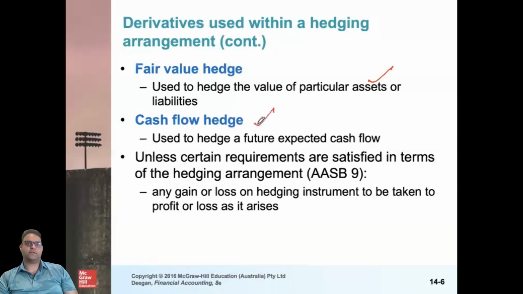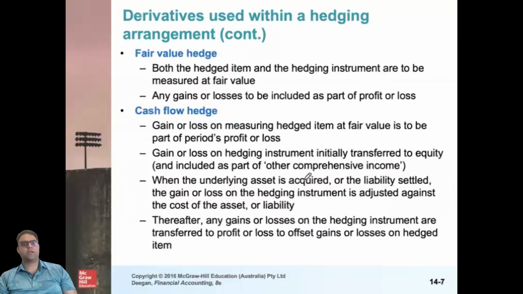Then we have cash flow hedging. Cash flow hedging means you try to hedge, or you need to make sure that the future cash flow is given smoothly to your company without facing any other loss. So you do the hedging of the instrument. Now, what is the difference between fair value hedging and cash flow hedging?